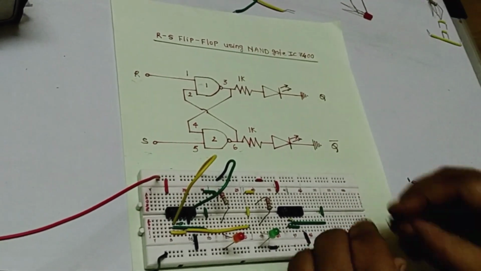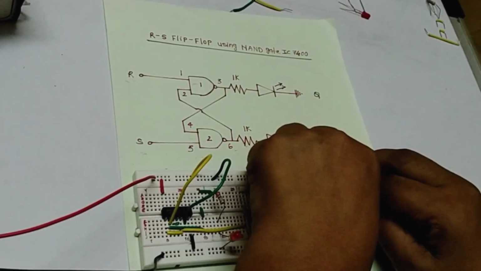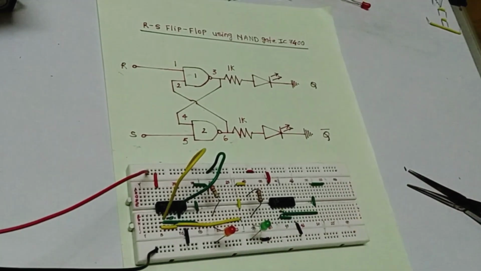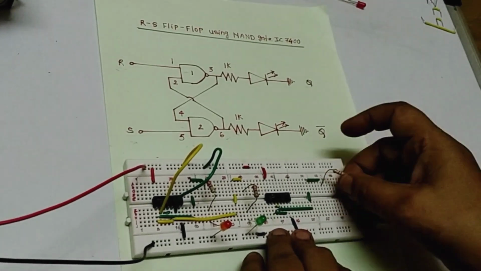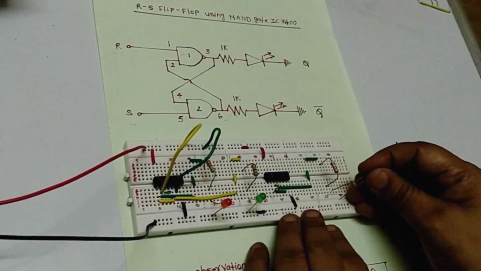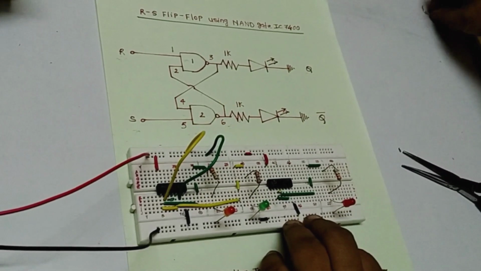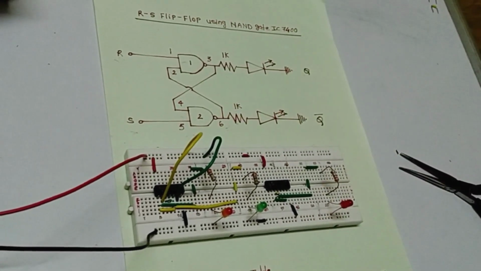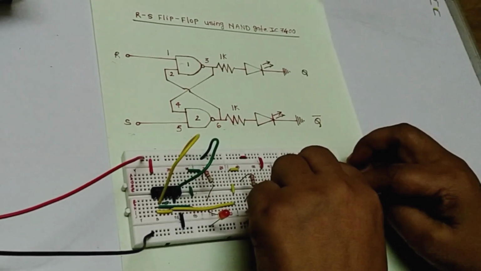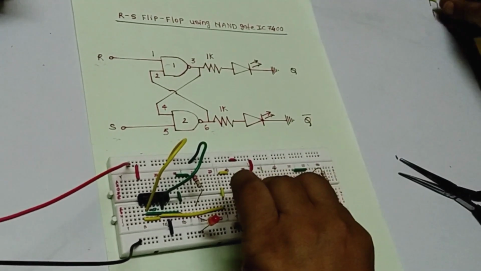And here we are connecting properly. This is your resistor, 330 ohm, connecting in series, and the LED anode and cathode we are connecting here like this. Next output is Q bar, pin number 6.